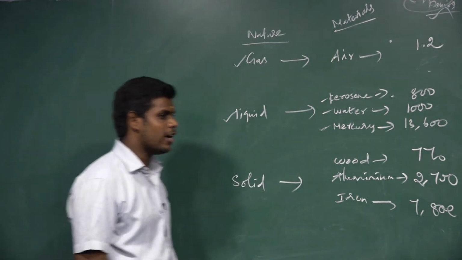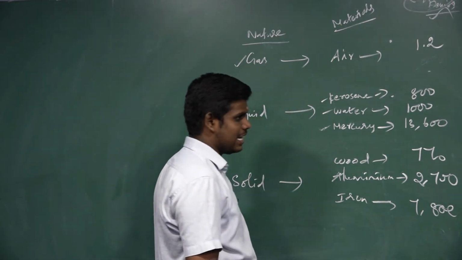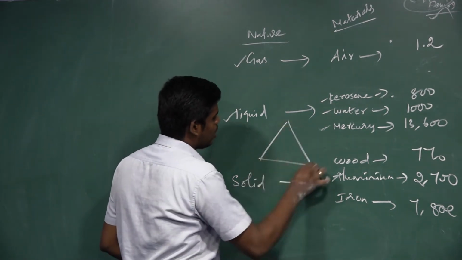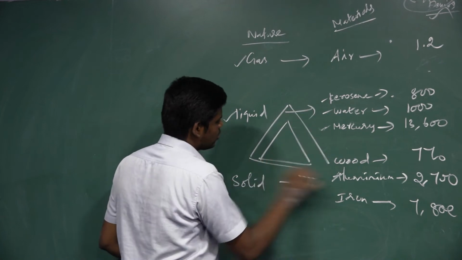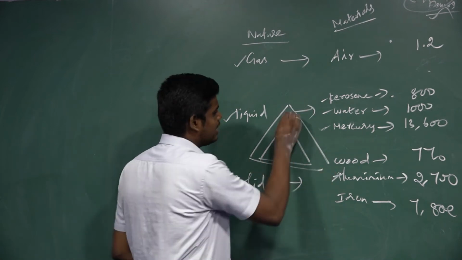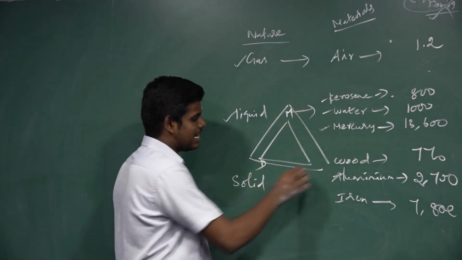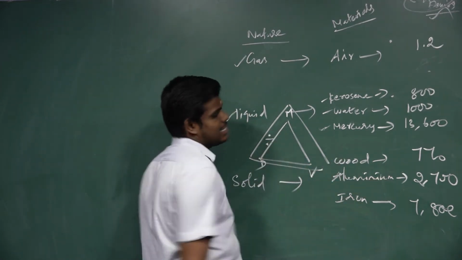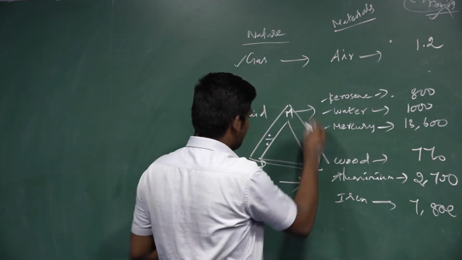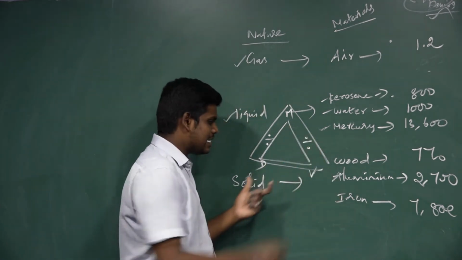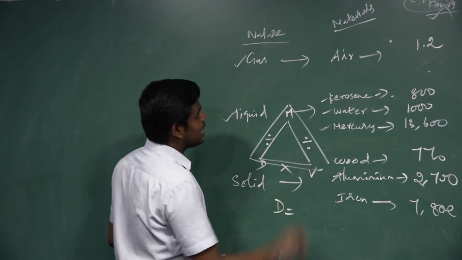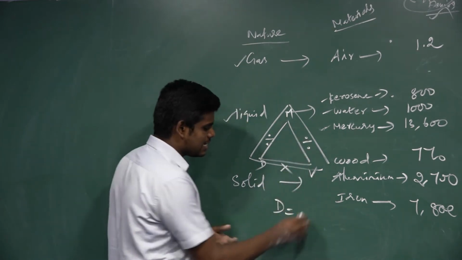How can we remember the formula of density, mass, volume? Listen, we can draw a triangle. This is mass, this is density, and this is volume.